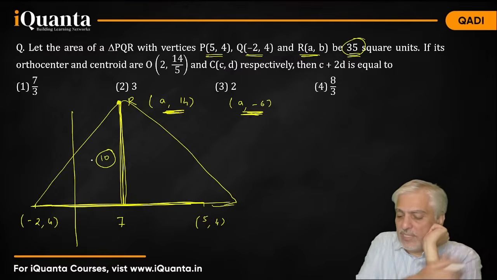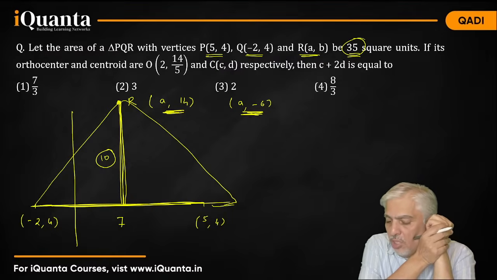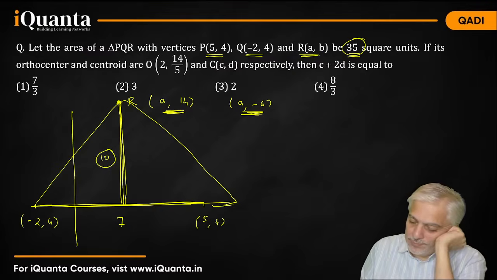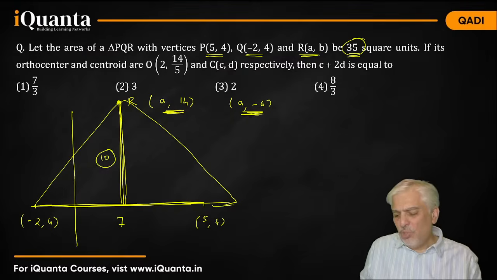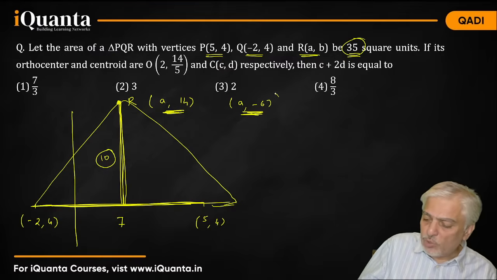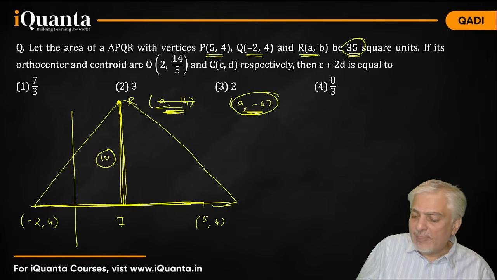I don't think so. Any other approach I can think of, the long approach only will work over here. Yeah, too long. Forget it, because anyway, this was the point. It was not even this point, A comma minus 6, when we checked.